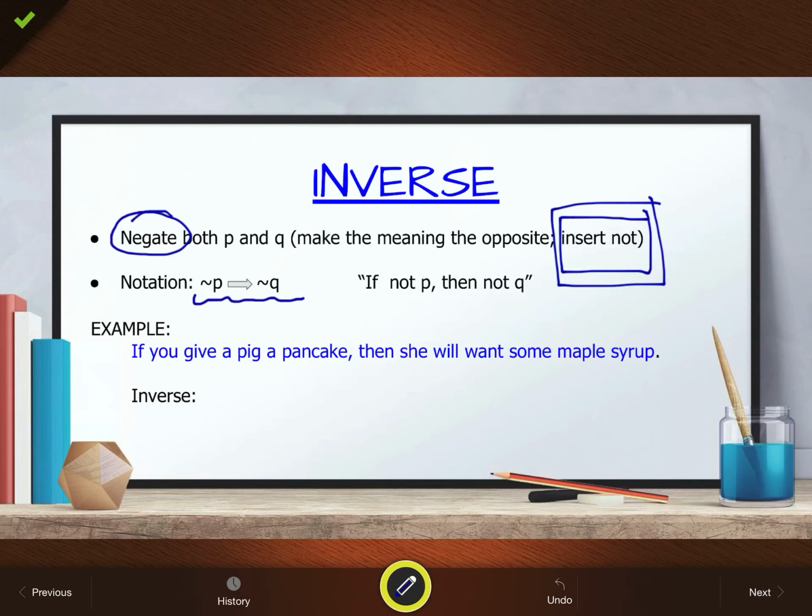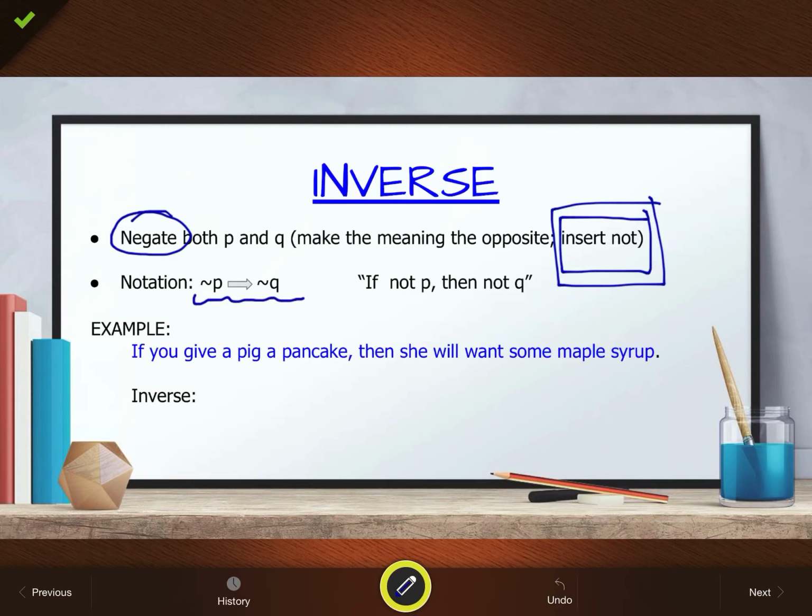So let's look at an example so this actually makes some sense. If you give a pig a pancake, then she'll want some maple syrup. That's my original conditional statement. Now I want to write the inverse. The inverse means negate.